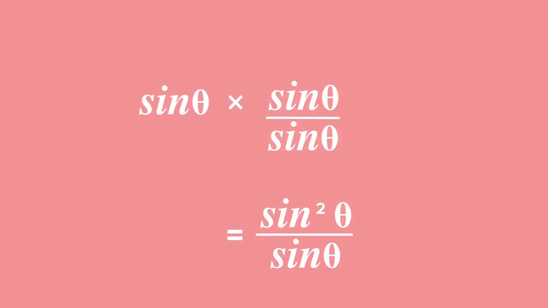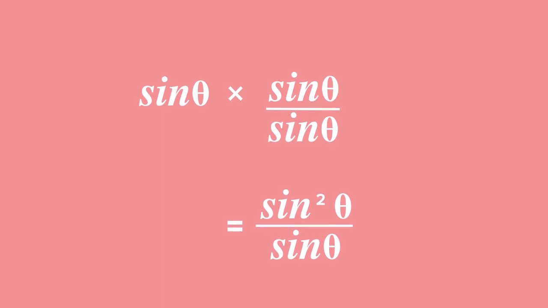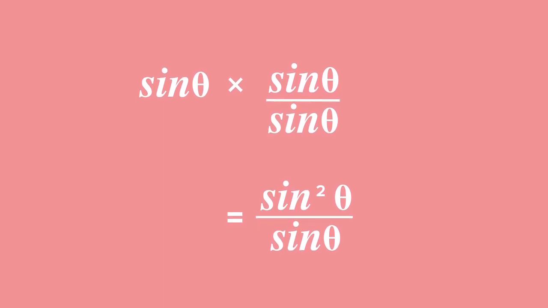We can also add to the expression to make simplifying easier. For example, if the expression just had sine theta, we could multiply this by 1 by multiplying by sine theta over sine theta, which would then give you a square in the numerator.